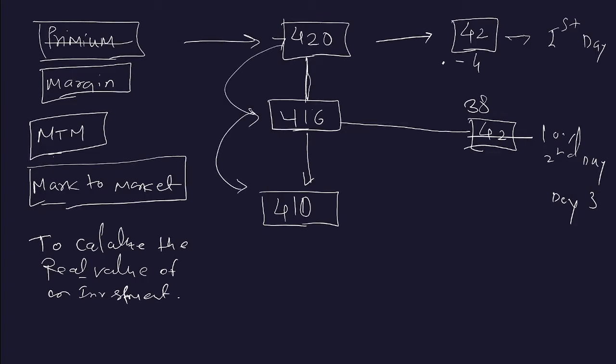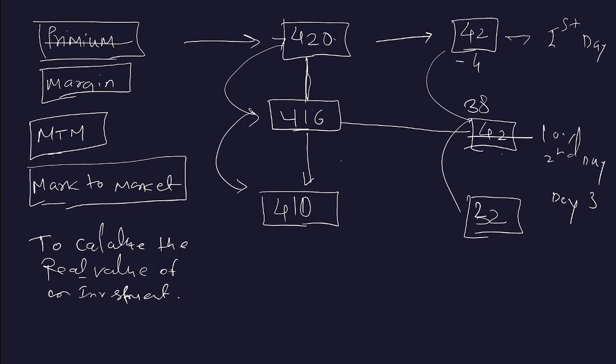Due to that, there is a change in premium, or I would say a margin which you have paid, and here the margin would be only 32, right? Due to the change in price, you are seeing the change in margin. Are you with me? Yes, sir. This is your mark to market. This change we actually trace.